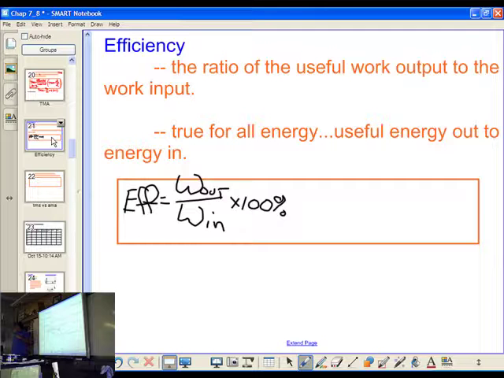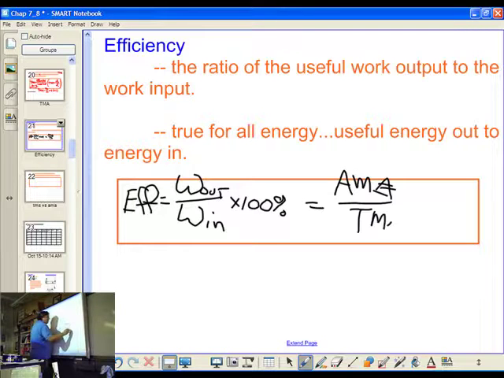No. I mean, the whole idea of why people try to make more efficient machines is to make this work out get better, closer to work in. Things like that. It also equals the actual mechanical advantage divided by the theoretical mechanical advantage times 100%. So it's also the ratio of the actual to the theoretical.